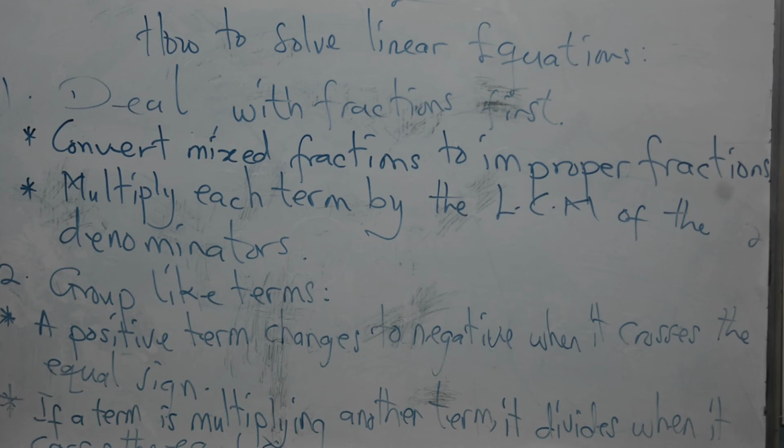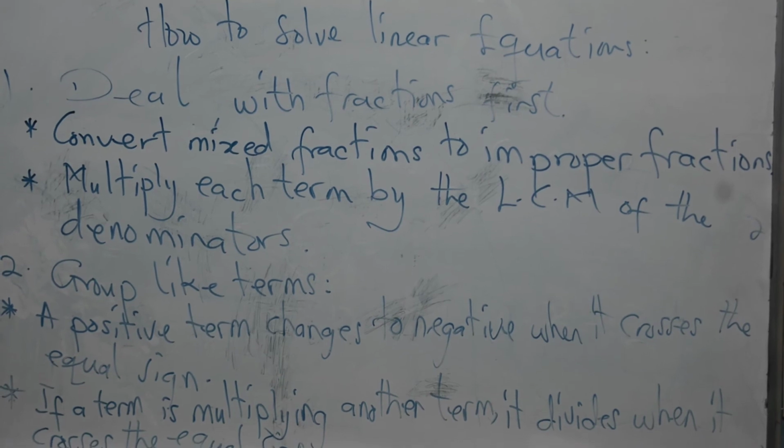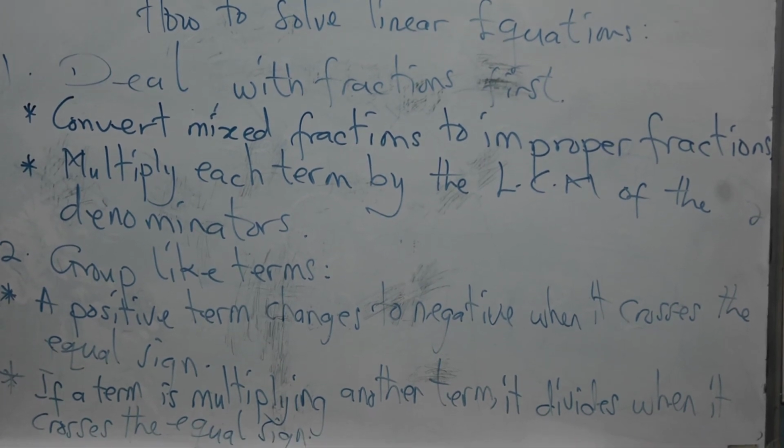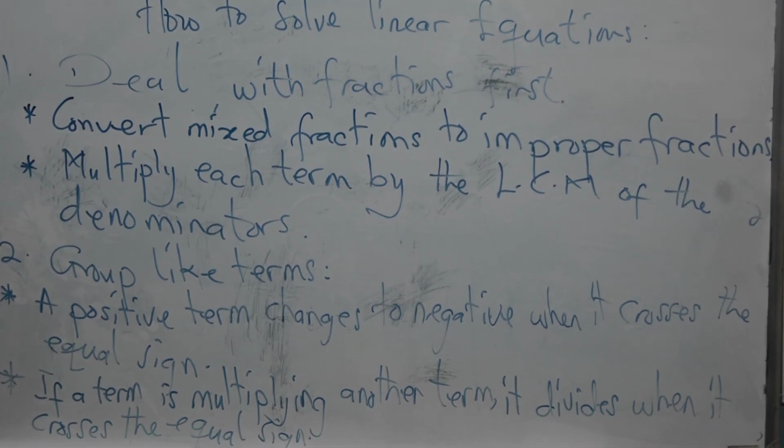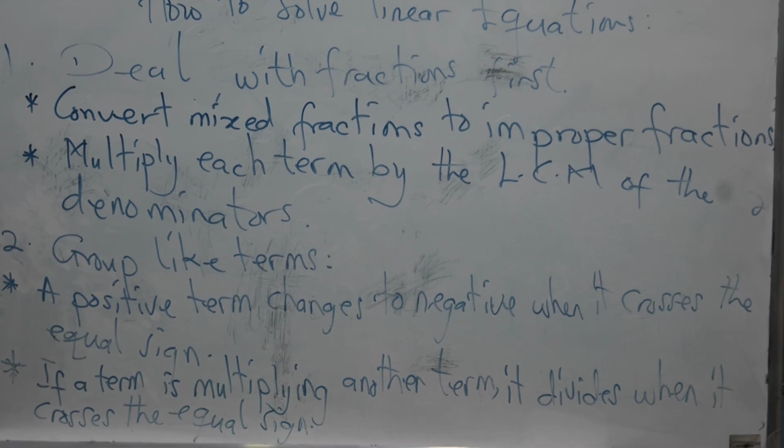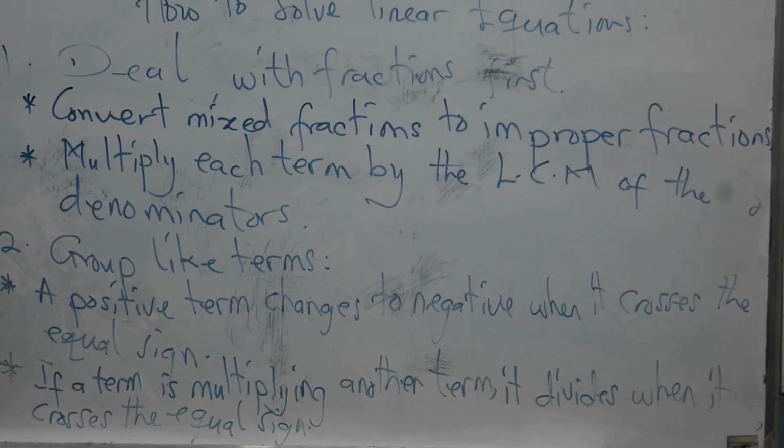If the term is negative 2, it will change to a positive term when it crosses the equal sign. Also, if a term is multiplying and then crosses the equal sign, it divides. Also, if it is dividing, when it crosses the equal sign, it is going to multiply any other term at the other side of the equal sign.